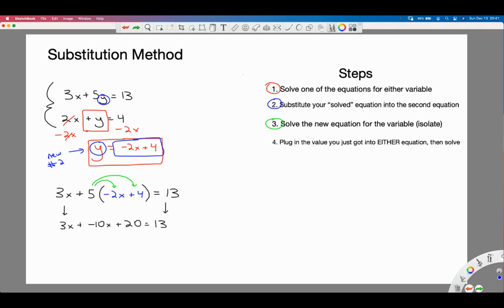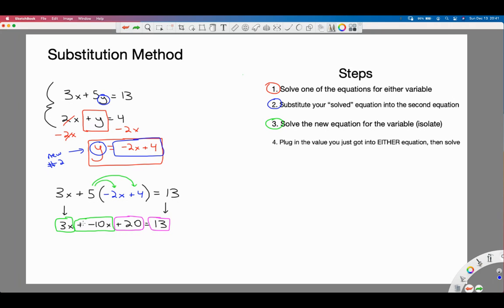Okay, one step at a time. And now we take a look and we have to combine the like terms again. However, this time we have two terms that are on the same side of the equal sign, so we can look to take care of those ones right away. And if you see, we have a 3x plus a negative 10x.